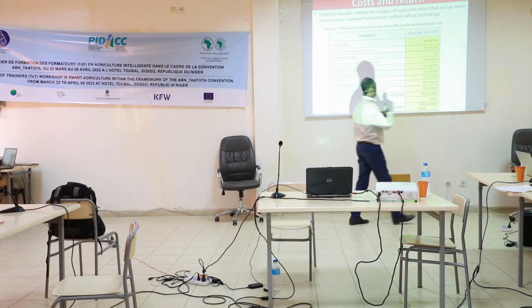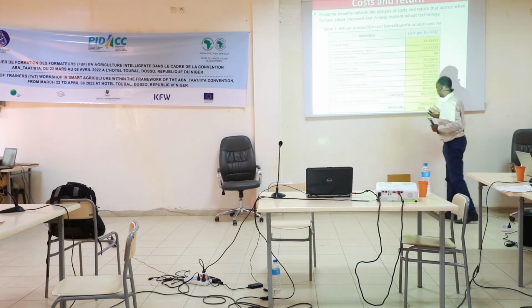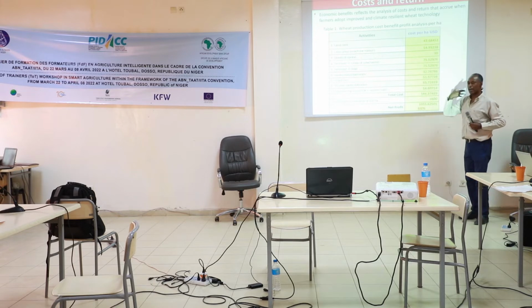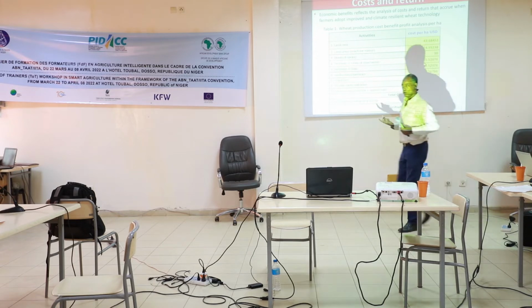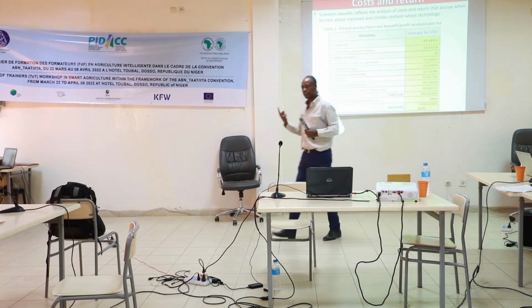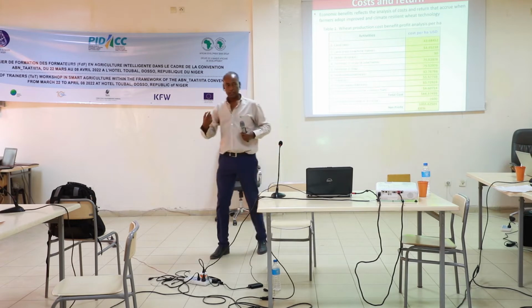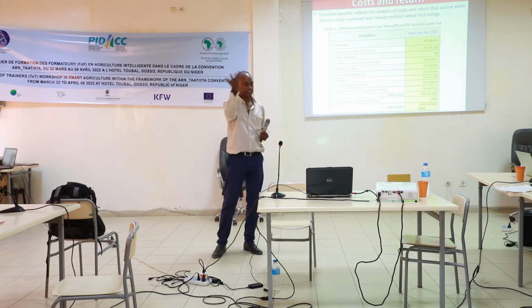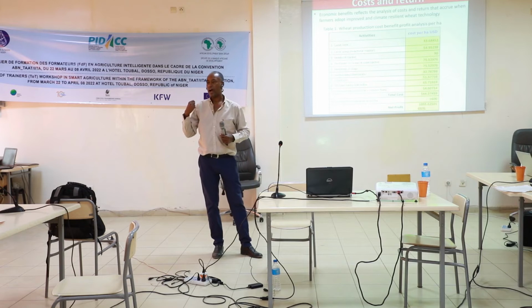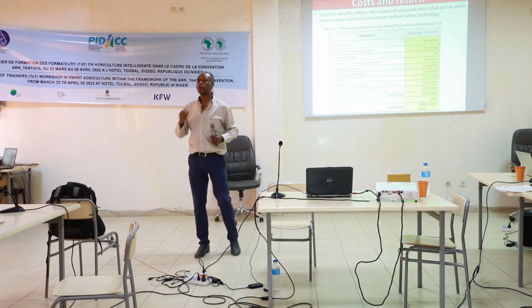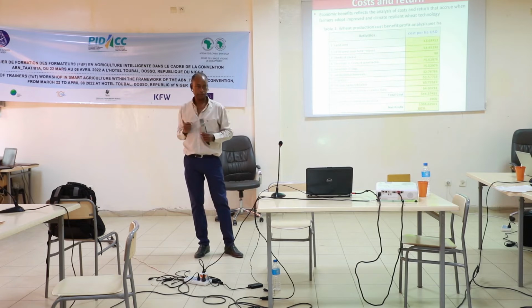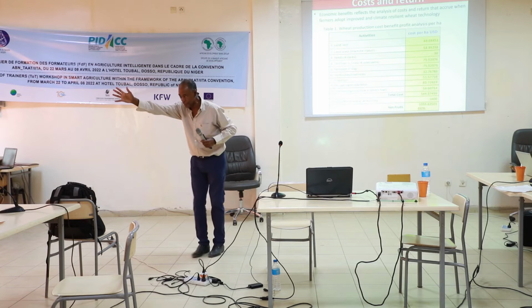So we calculated all this, and on average, 1 hectare of wheat for a farmer here in West Africa or East Africa needs at least $545 per hectare as expense.